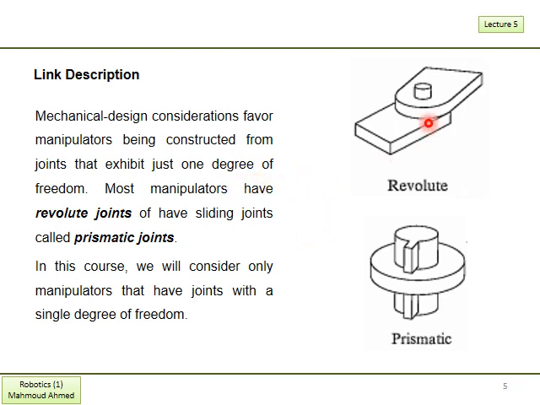Because we will use only 1 degree of freedom in order to easily describe the manipulator system based on the dynamics and the kinematics. So each joint simply represents 1 degree of freedom, and that will be considered in our course here. So only the two types will be used for the simplicity of describing the kinematics and dynamics.